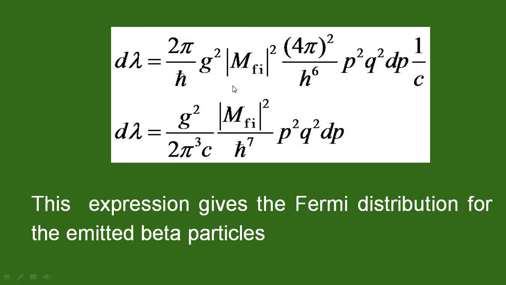And of course, this expression can be simplified or can be checked yourself. You can get the answer. And this expression of the last one gives the Fermi distribution for the emitted beta particles.